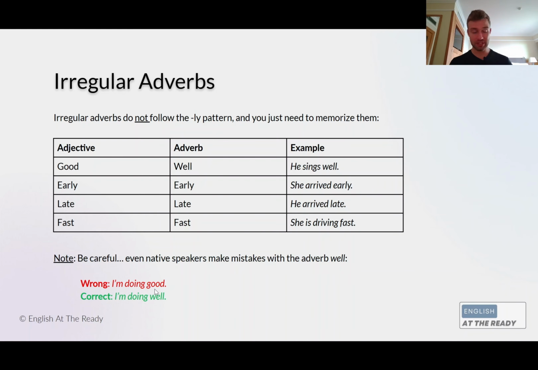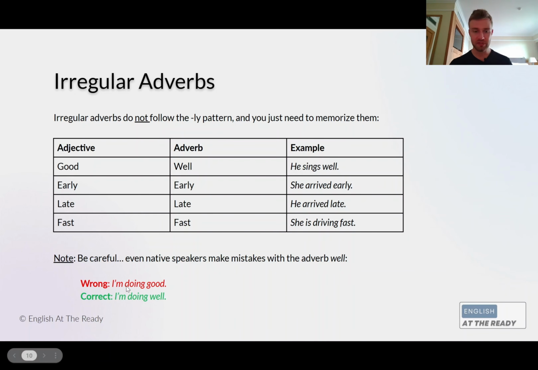And the reason for this is, as we saw, an adverb modifies a verb. So the verb in this sentence is doing, to do. And as we saw here, the adjective form is good, but the adverb form is well. So to modify this verb here, we need to use an adverb.